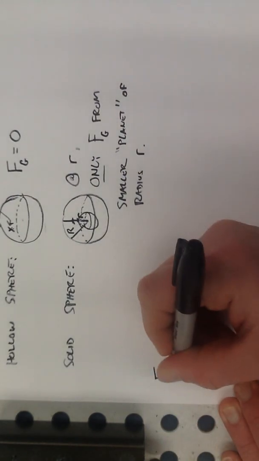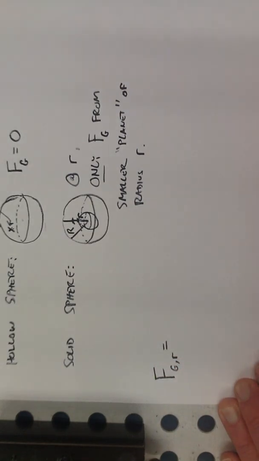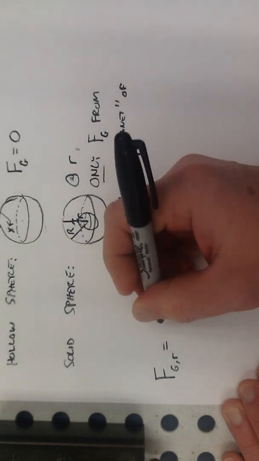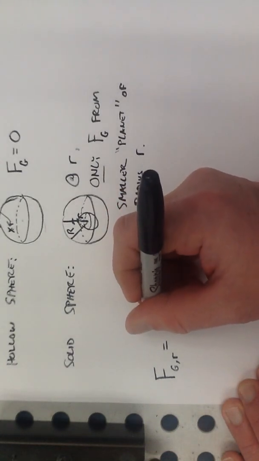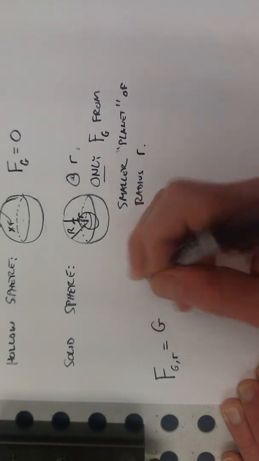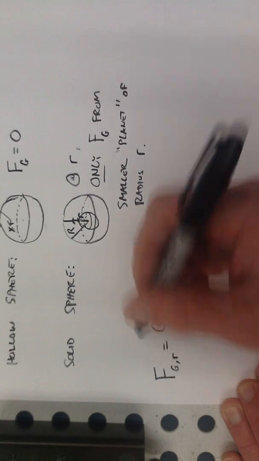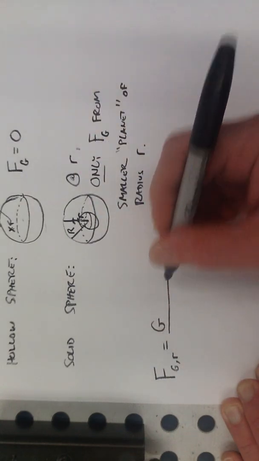How much is there? Well, there's G. I'm going to leave the negative sign off just because I'm not really interested in the direction of it. I just want the magnitude of it. You could put the negative sign on there. You could leave it there. It doesn't matter.